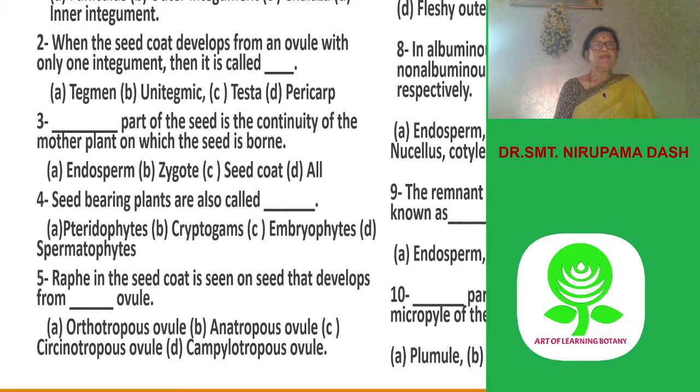The seed bearing plants are called spermatophytes. The answer is D. Then raphe in the seed coat is seen on the seed that develops from dash of the ovule. The choices are orthotropous ovule, anatropous ovule, hemitropous ovule, campylotropous ovule. Here the correct answer is anatropous ovule, B.